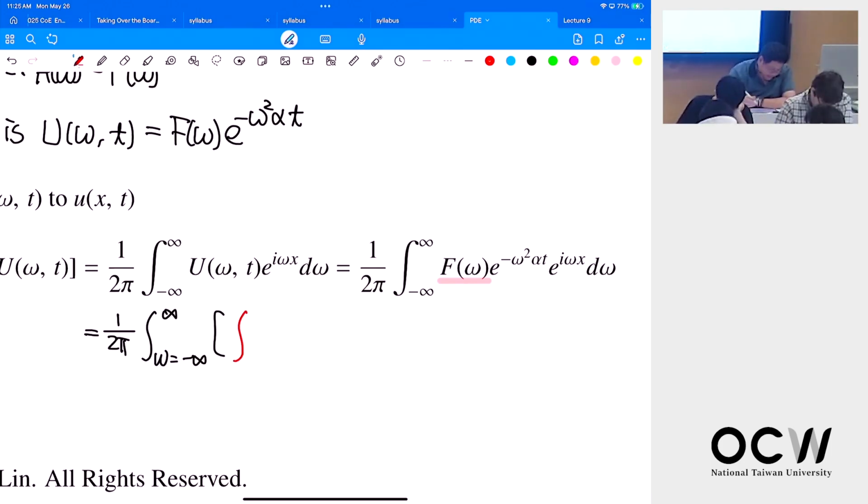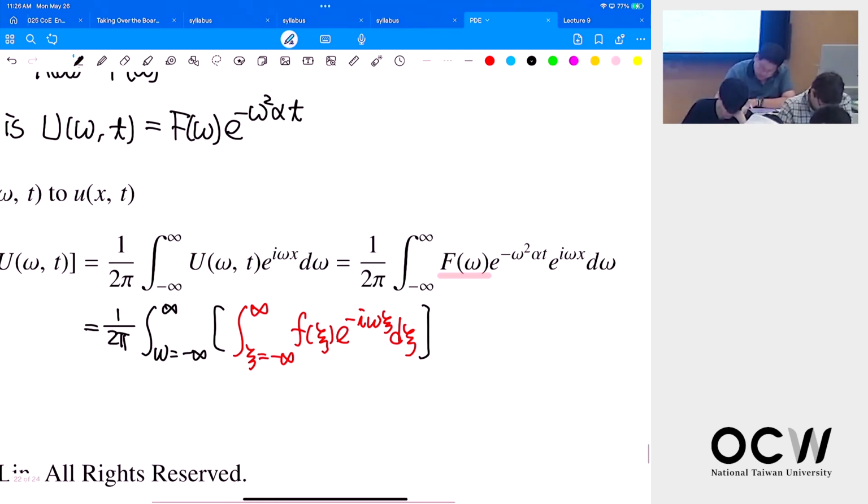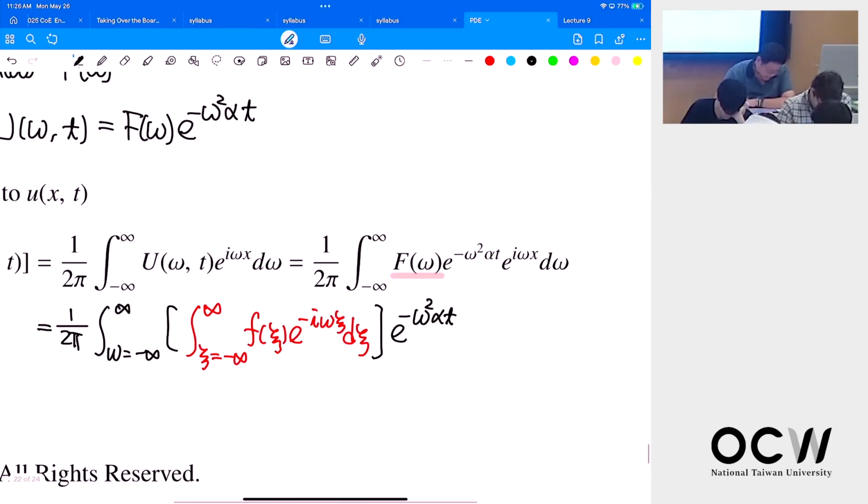That's the Fourier transform, the integral over xi from minus infinity to infinity of f of xi, e to the minus i omega xi d xi, and e to the minus omega squared alpha t, e to the i omega x d omega.